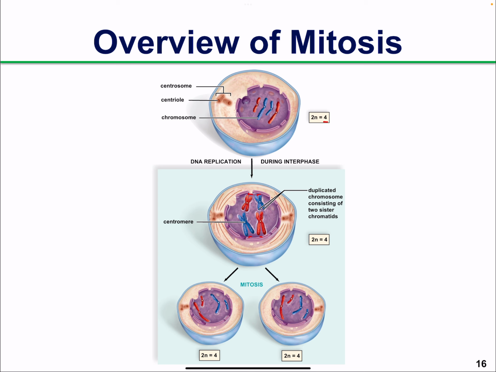As they part ways, each new daughter cell is going to have 2N chromosomes or 4 chromosomes with the exact same not only amount of genetic information, but also the same quality of genetic information, theoretically, right? So during mitosis, we go from a parent cell containing 2N chromosomes to 2 new daughter cells containing 2N chromosomes. The cells are genetically identical.